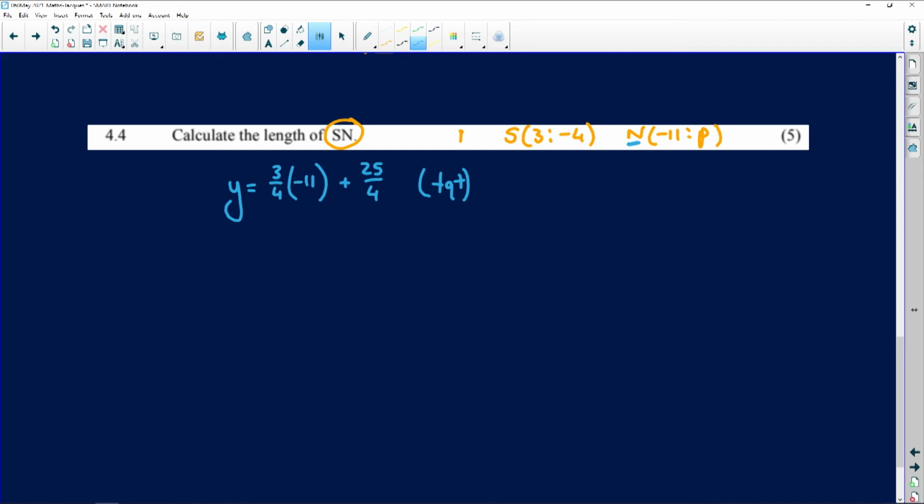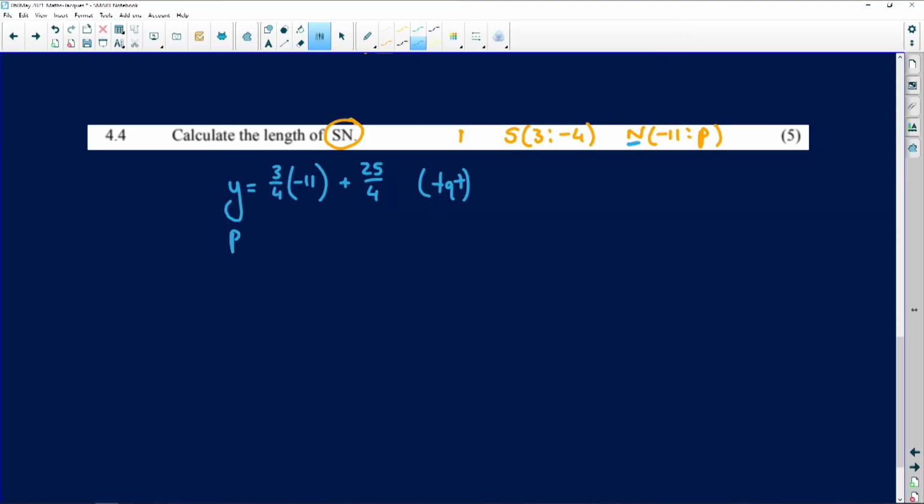I just need to put the −11 in there. And then what happens to the y? The y becomes the p value. So here we go. p = (−33 + 25)/4. I hate fractions, so 4p is equal to, at the top, if I take that away, I get −8, so p is −2.